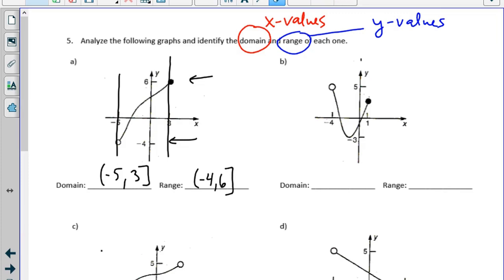Now notice that I put a parentheses where there's an open circle and a bracket where there is a filled in circle or a filled in point. That is because that is the way that I can write that in what we call interval notation.